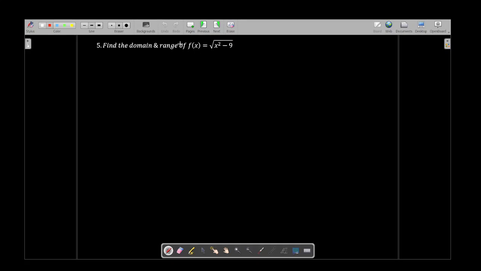This is over. x square minus 9, f of x, square root of. I think the root exists here, you get x plus 3 into x minus 3. Root exists means it touches the x-axis, so at x is equal to minus 3 and x is equal to plus 3.